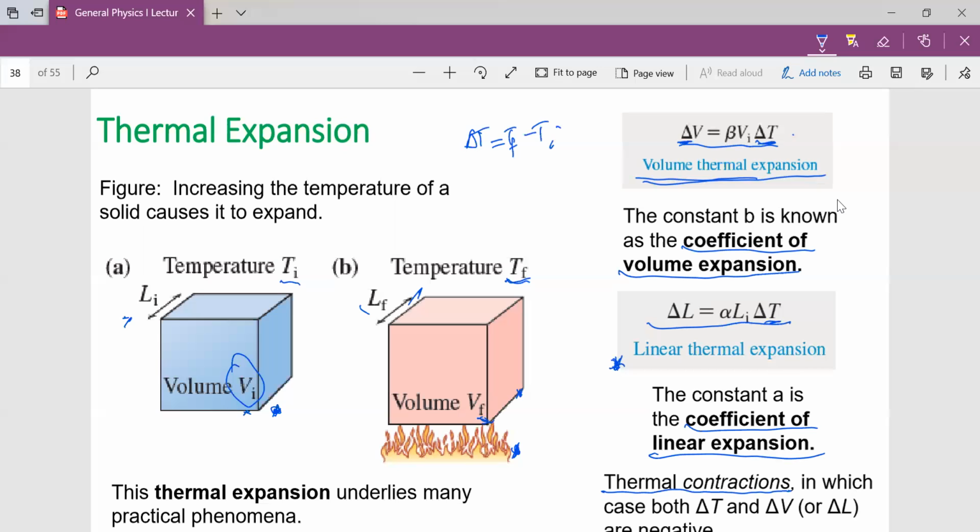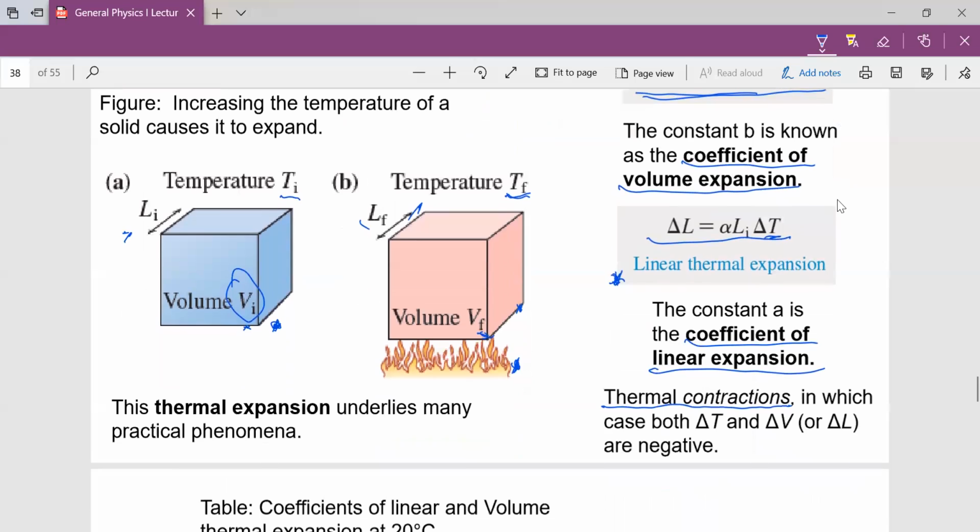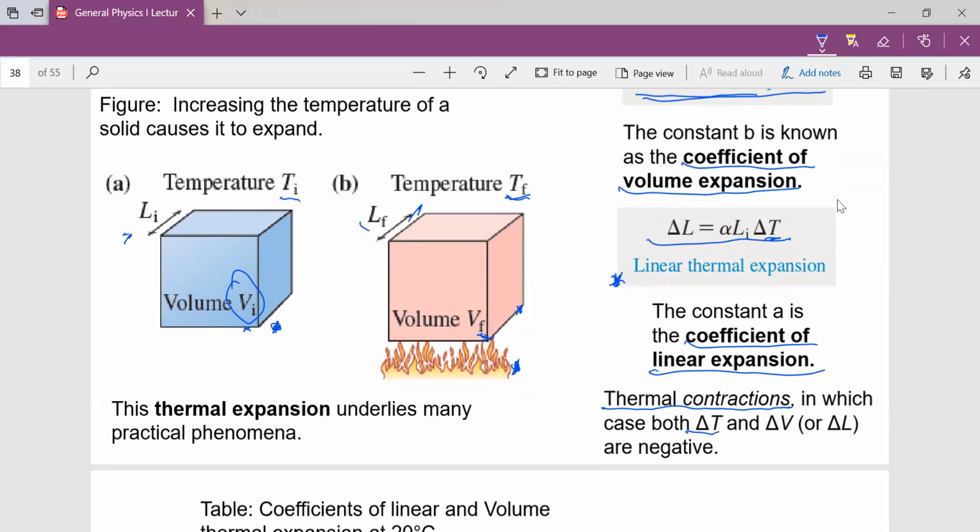There's also change in their linear dimensions. So for contraction, we also make use of the change in temperature. Now, when there's an addition of heat and the volume is expanding in terms of increasing in length, we say that process is positive.